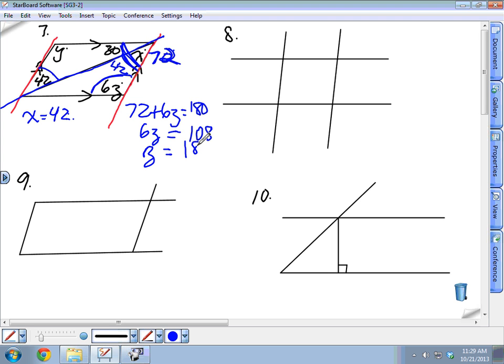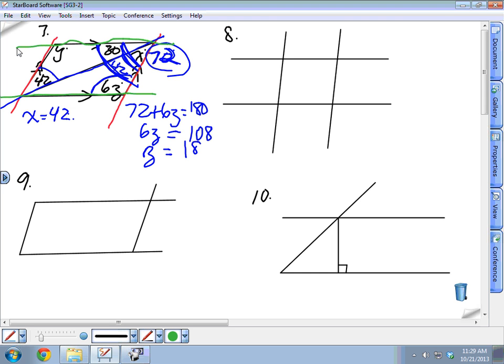How did I get to 72? Well, this one was given as 30, and this one we figured out was 42. If you add those two together by the angle addition postulate, you get 72. Now, you cannot just go across, because you don't know that. So you have to use this pair of parallel lines.